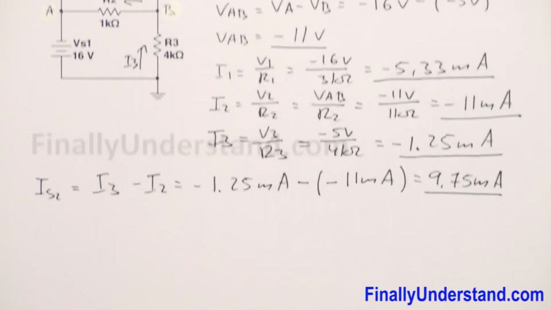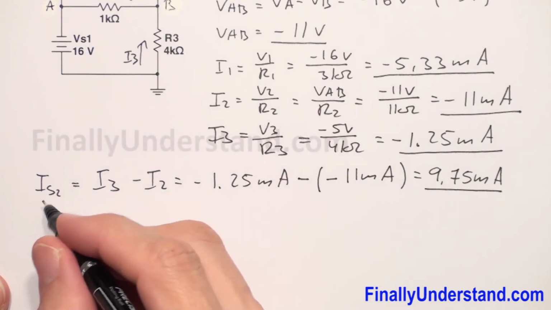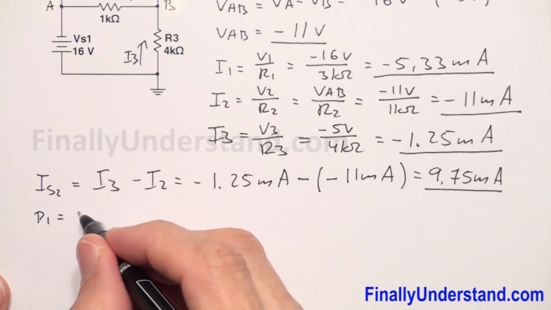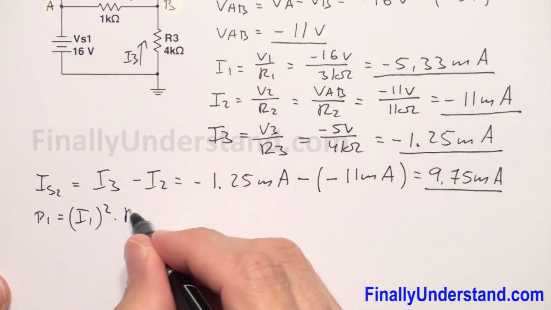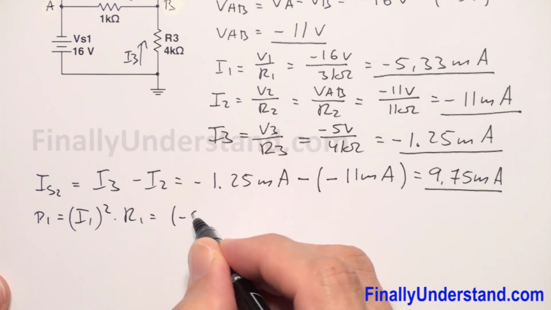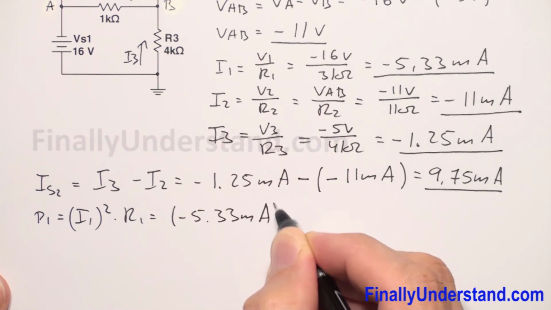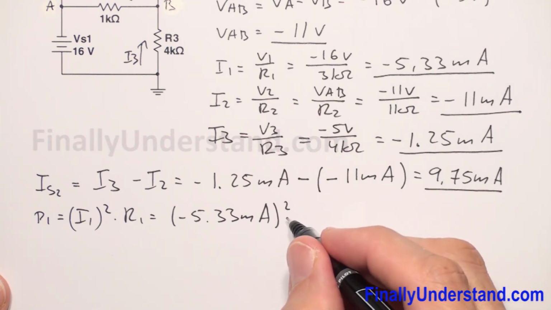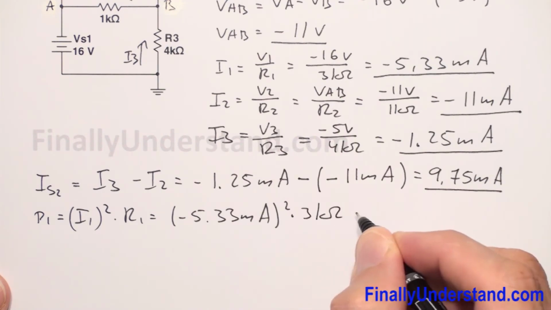In order to find the power, I'm going to use the currents. P1 is equal to I1 squared times R1, where I1 is negative 5.33 milliamps to the second power, times R1, which is 3 kilo ohms.